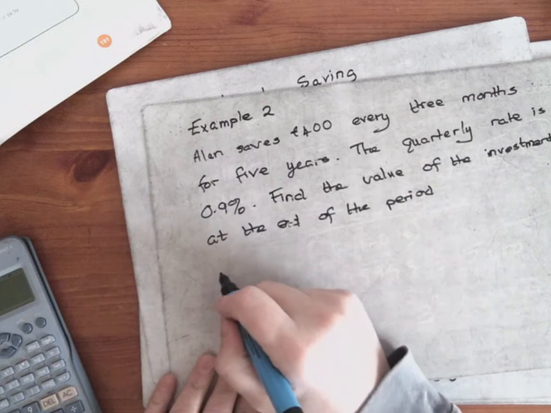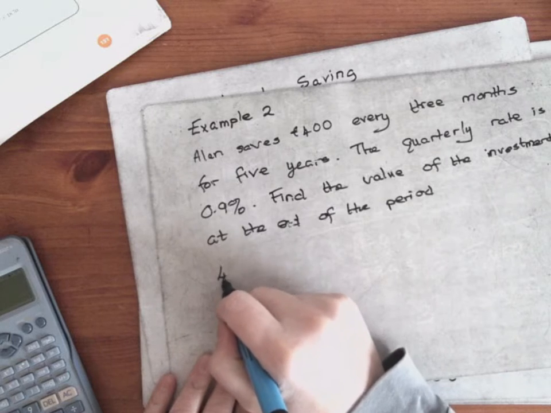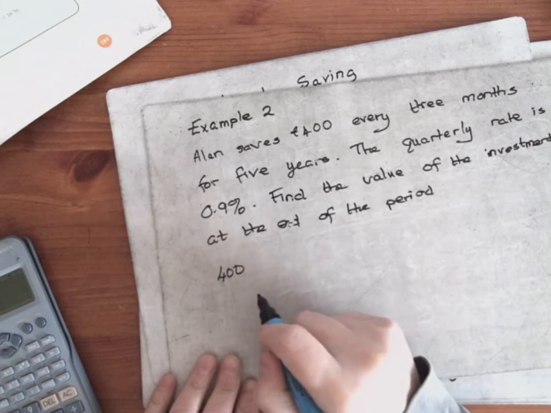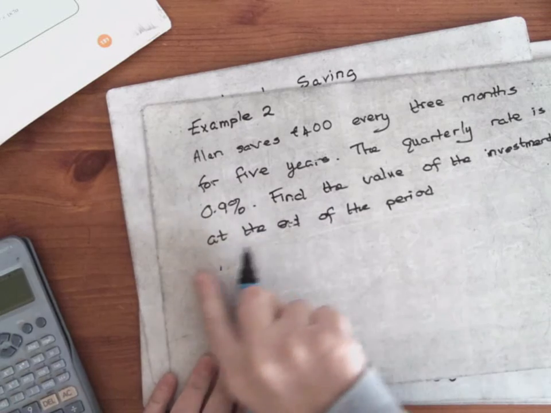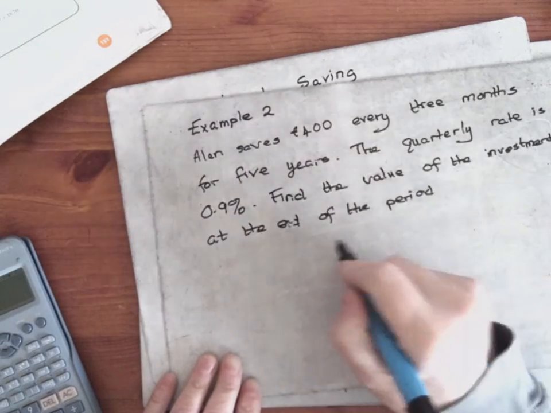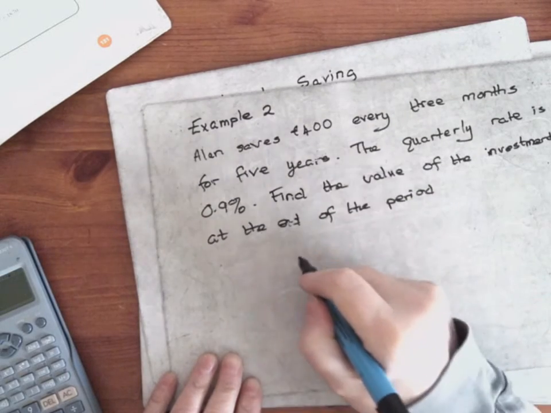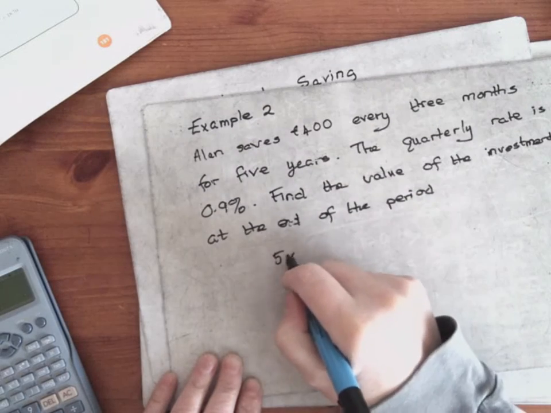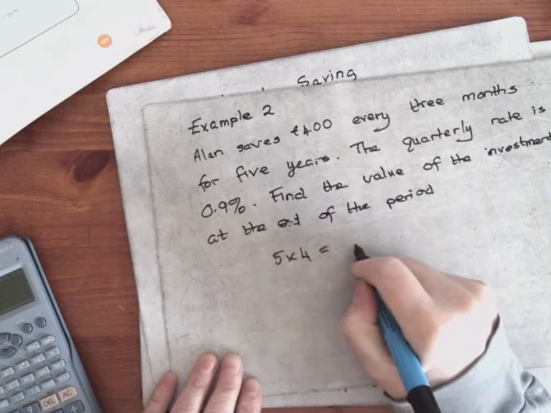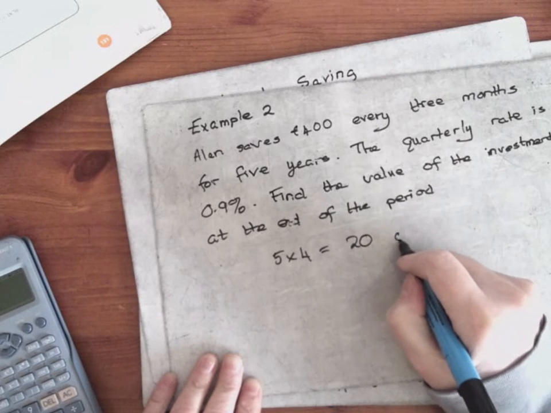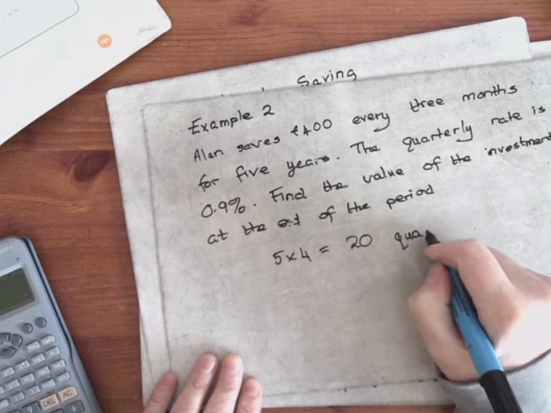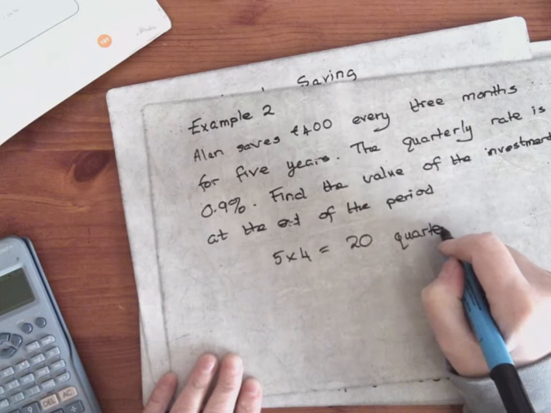Okay, so he goes €400 is in the, first off, how many quarters do we have? We have quarters for 5 years. There's 5 by 4, there's 20 quarters. So that means he's going to get paid interest 20 times.